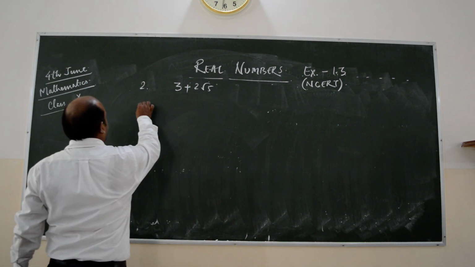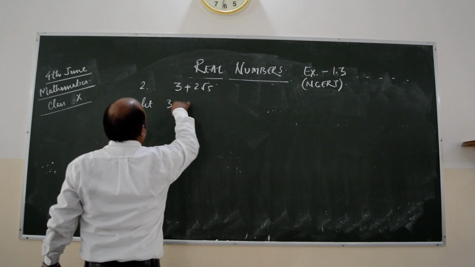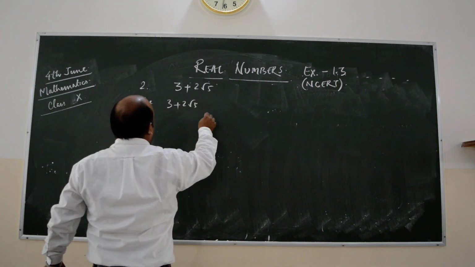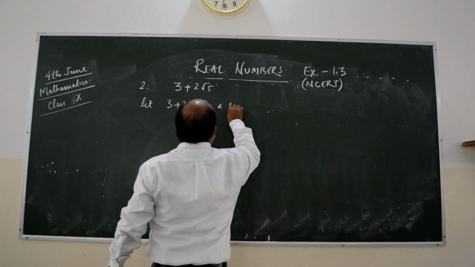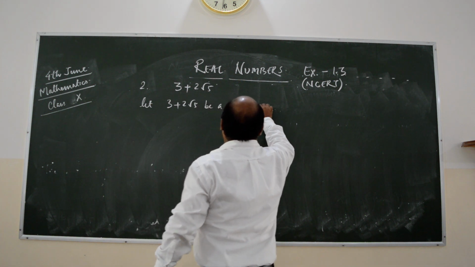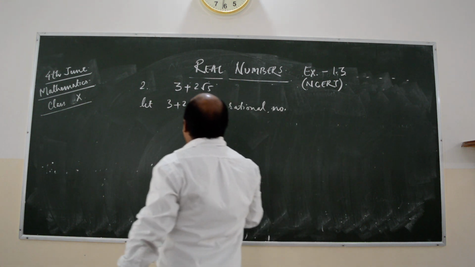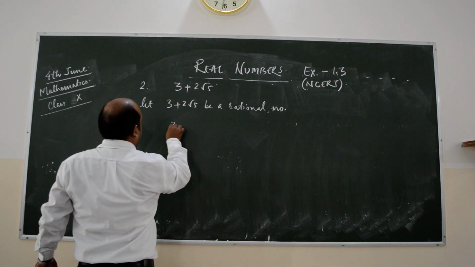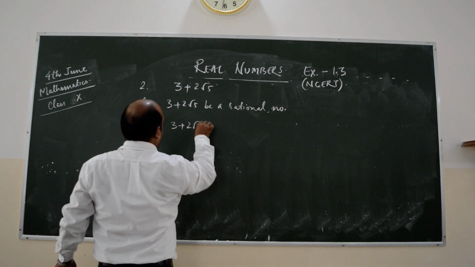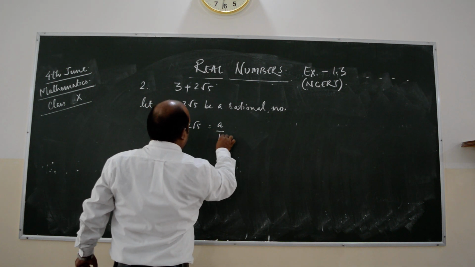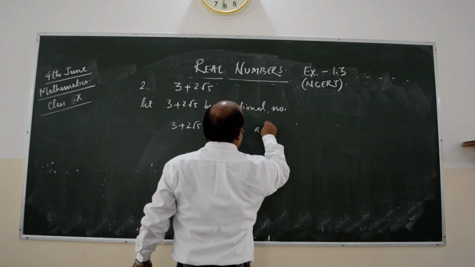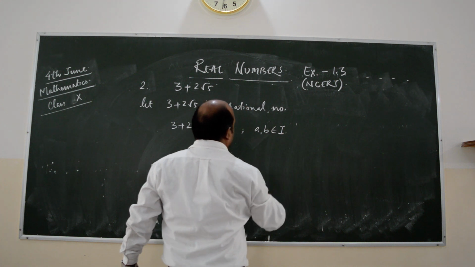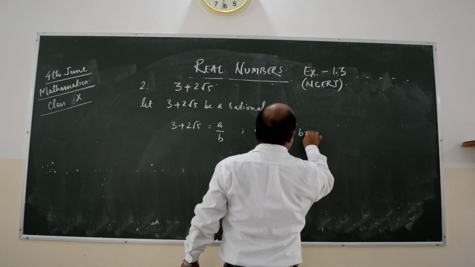So let us proceed. Let 3 plus 2 root 5 be a rational number. If 3 plus 2 root 5 is a rational number, then it can be written in the form a by b, where both a and b belong to the set of integers and b is not equal to 0.